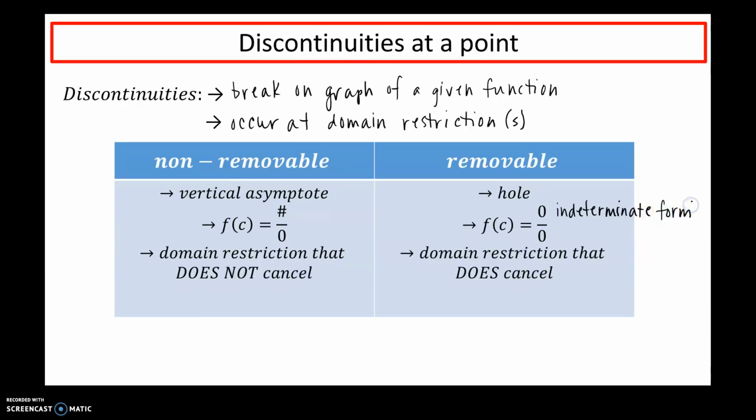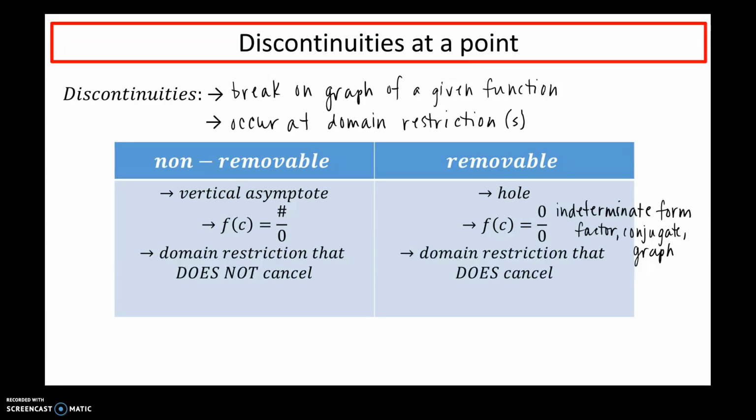We looked at this with limits, and to evaluate an indeterminate form, remember that we use factoring, we use the conjugate. For some problems, we looked at the graph. So we have to do something more to determine what that function value is equal to or what that limit may have been. So then removable discontinuities are domain restrictions that do cancel.